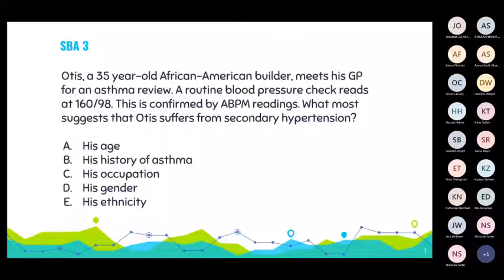The key thing here seems too obvious, almost like a trick, but it's his age. There's not that many 35-year-old people with high blood pressure. It's just uncommon.